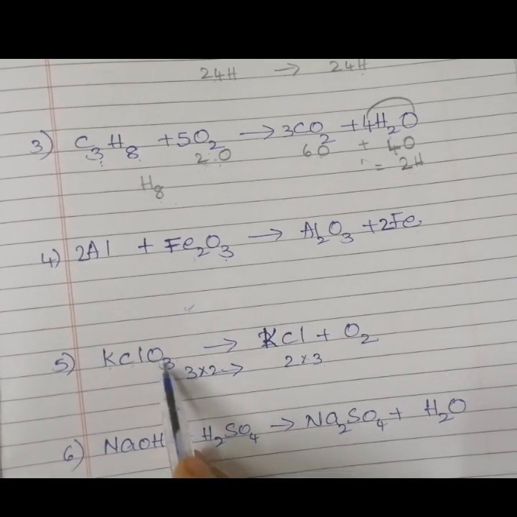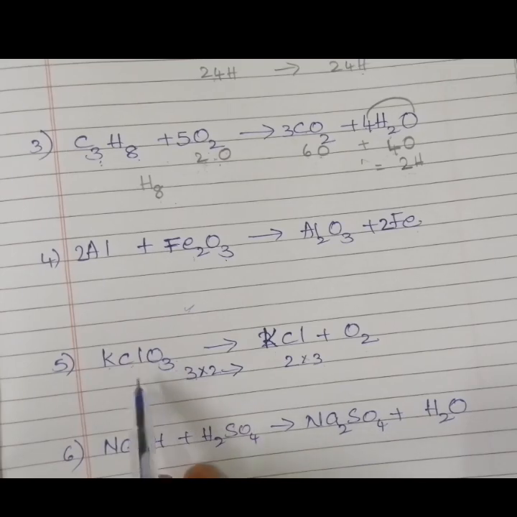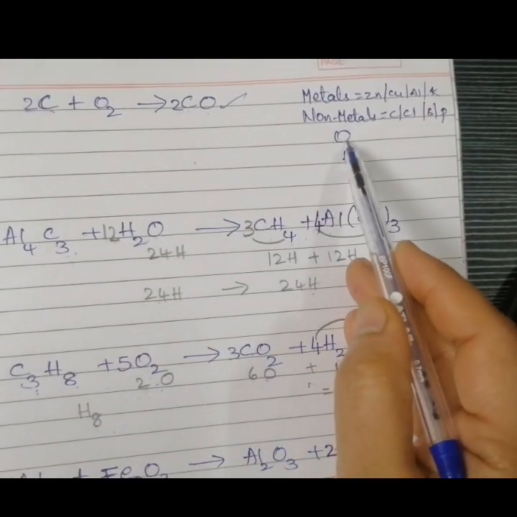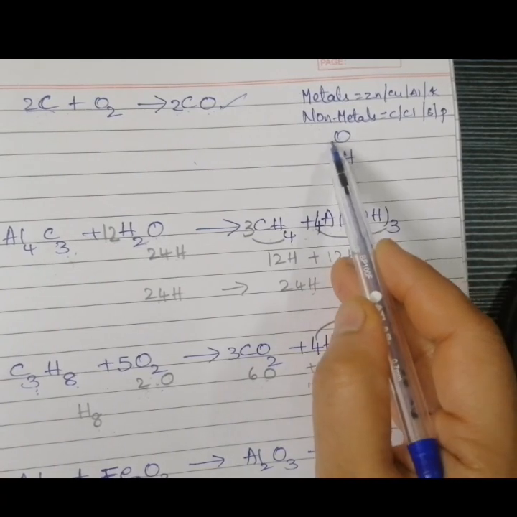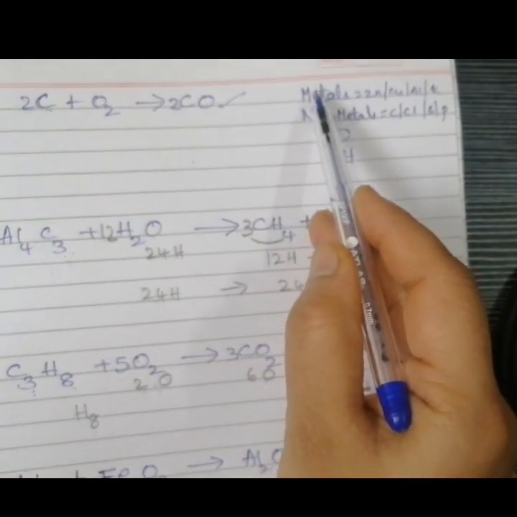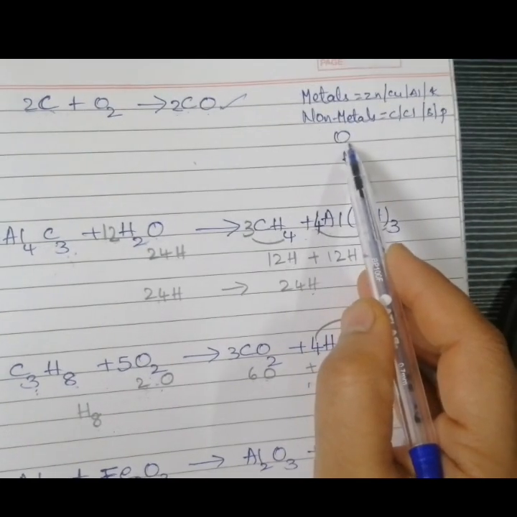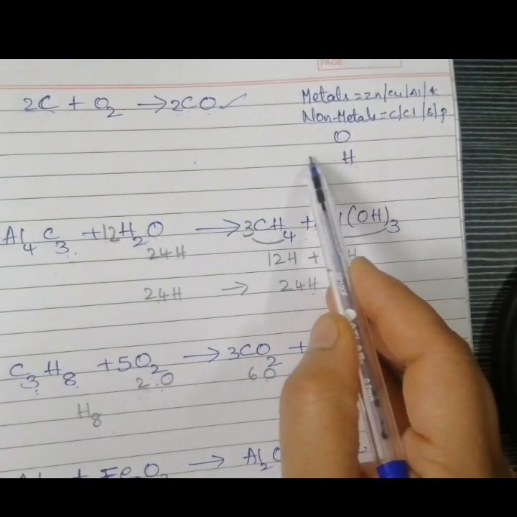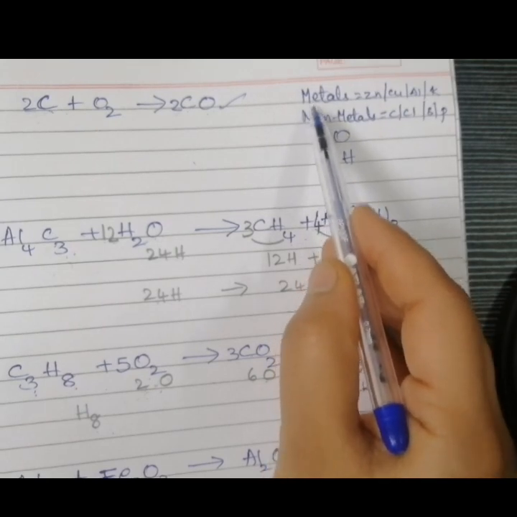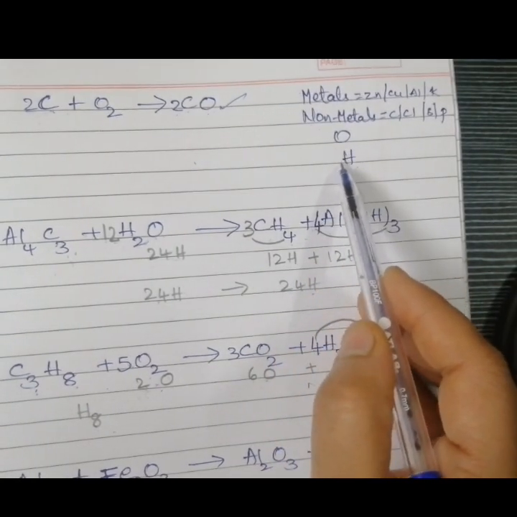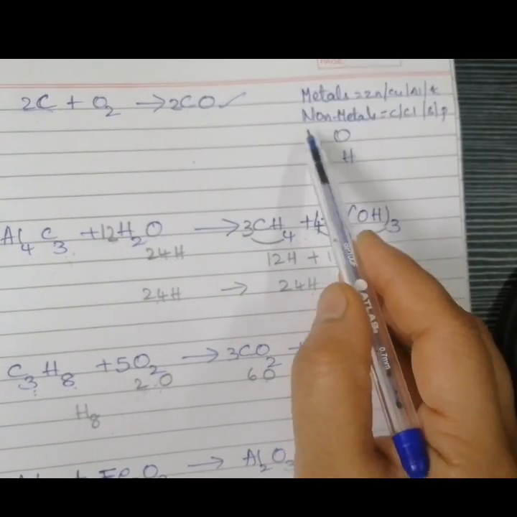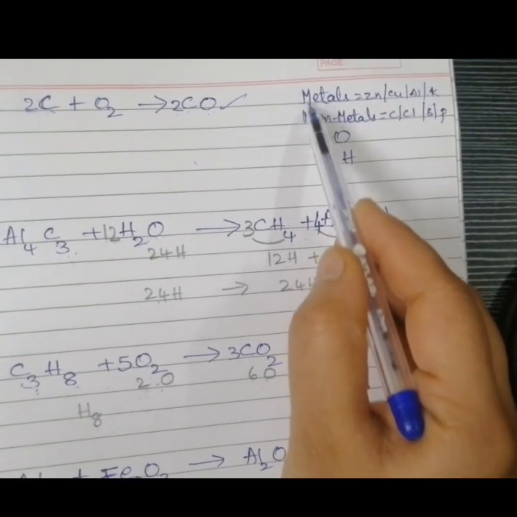But while changing the oxygen here, we have completely changed the balancing of potassium and the chlorine. Means we have changed the balancing of metals and non-metals also. That's the reason I said in these equations, after balancing oxygen or hydrogen, again we have to go to the second step and the first step, because while balancing oxygen and hydrogen, we may also change the metal and non-metal atoms.